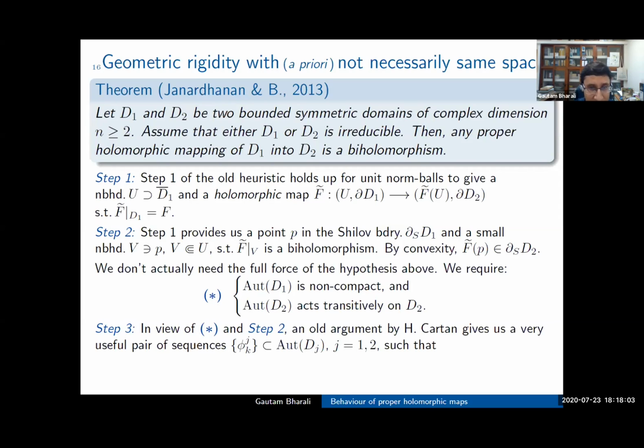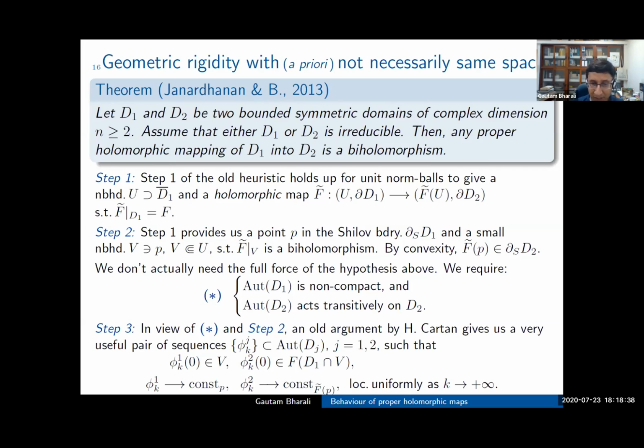And what I have is an old argument by Henri Cartan, which gives us a pair of sequences, phi1 subscript k and phi2 subscript k. The phi superscript 1 are maps that belong to Aut(D1), and phi superscript 2 are maps that belong to Aut(D2).